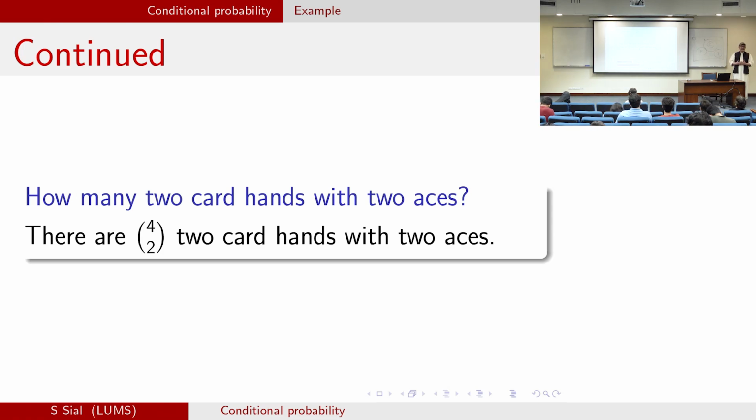Now, when you're dealing with equally likely outcomes, all of these 2 card hands are equally likely. So the probability is the number of outcomes in the event you're interested in divided by the total number of outcomes.